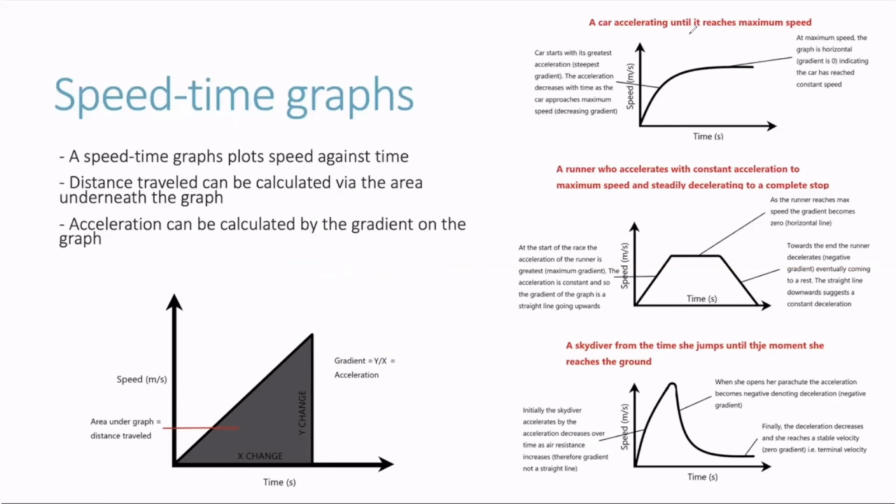So, car accelerating until it reaches maximum speed. Here you can see that it starts with a curve showing us that the speed is increasing. But as the curve starts to flatten on the speed time graph, it forms a straight line. We can understand the fact that time is increasing and the body is not at rest, but the body is traveling with the same speed in the given time.